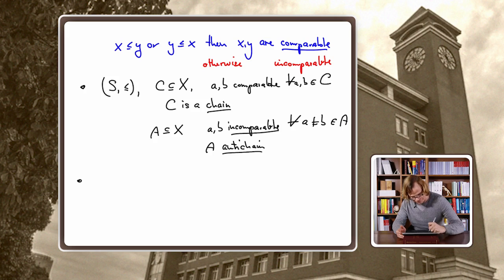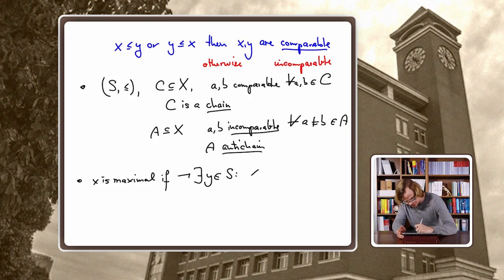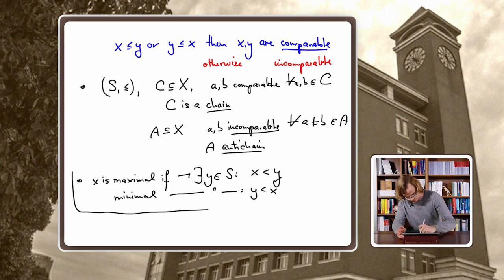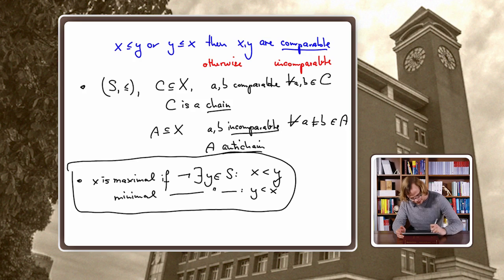Now, an element is maximal if nothing is larger. If there exists no y in S that is larger. And it's called minimal if there exists nothing that is smaller. In general, this is different from the following definition.